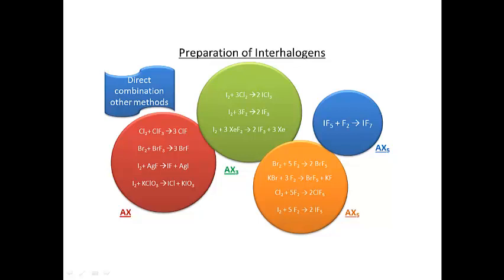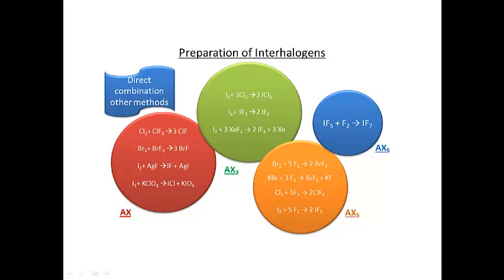AX5 type of compound can be prepared by direct combination of halogens. So with bromine and excess of fluorine, we can prepare bromine pentafluoride. Potassium bromide also reacts with excess of fluorine to form bromine pentafluoride plus potassium fluoride.